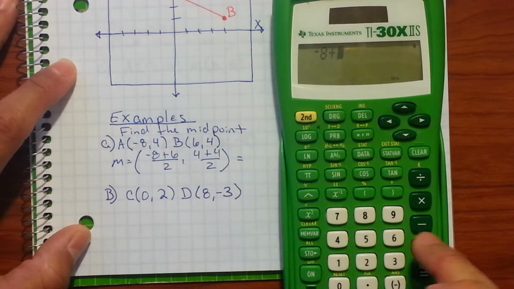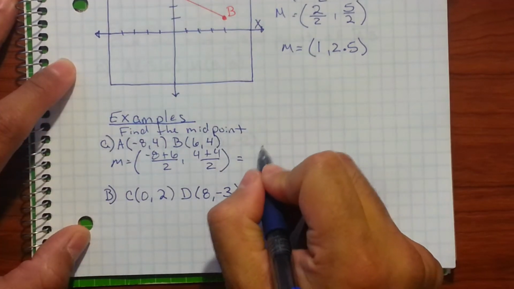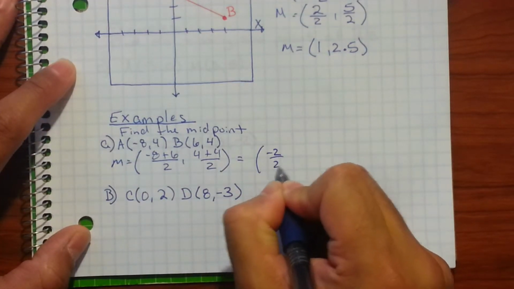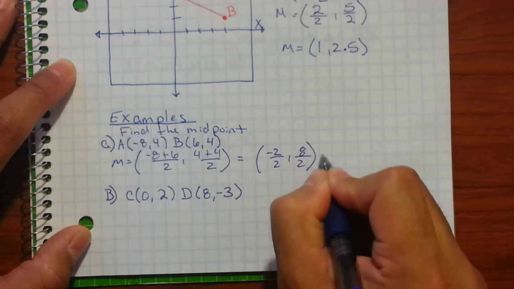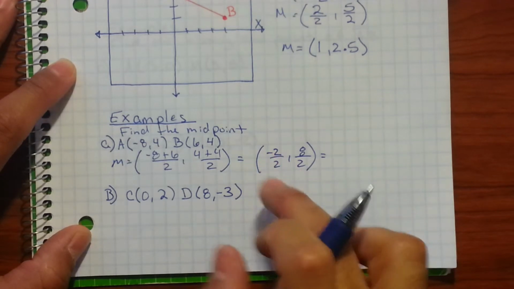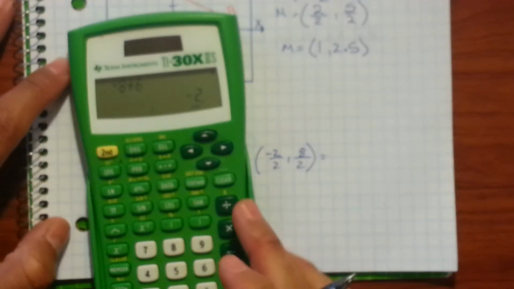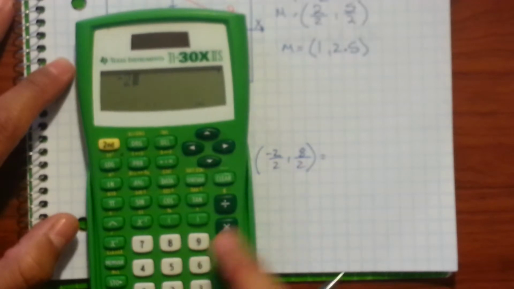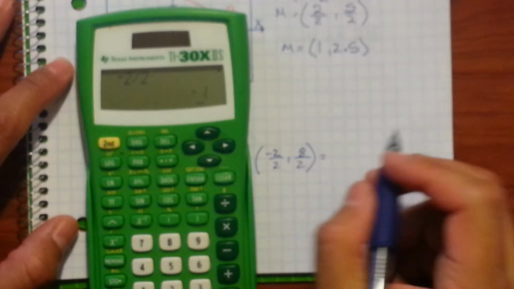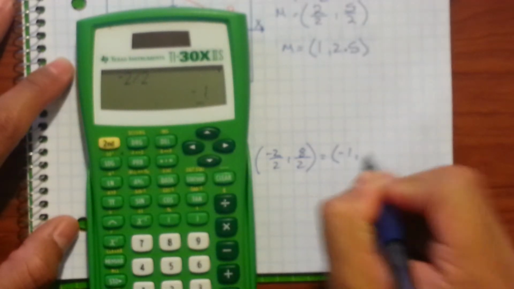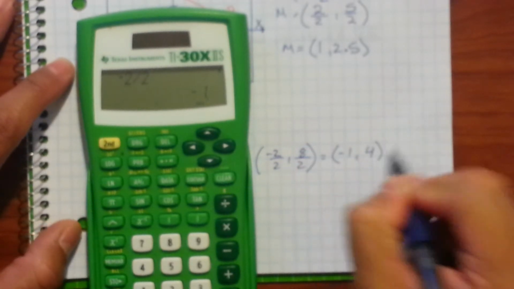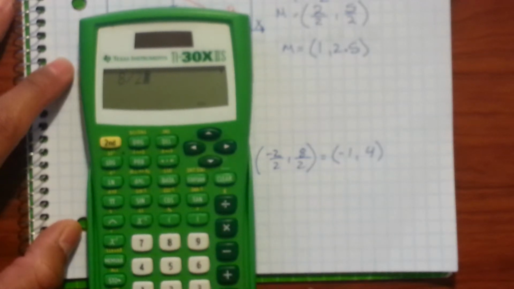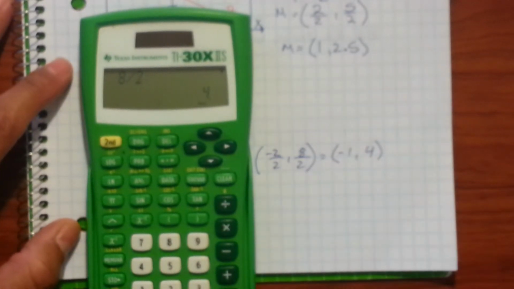Negative 8 plus 6 is going to give me negative 2, over 2. And 4 plus 4 is 8 over 2. So negative 2 divided by a positive 2 is going to give me negative 1. And 8 divided by 2 is going to give me 4. There we go.